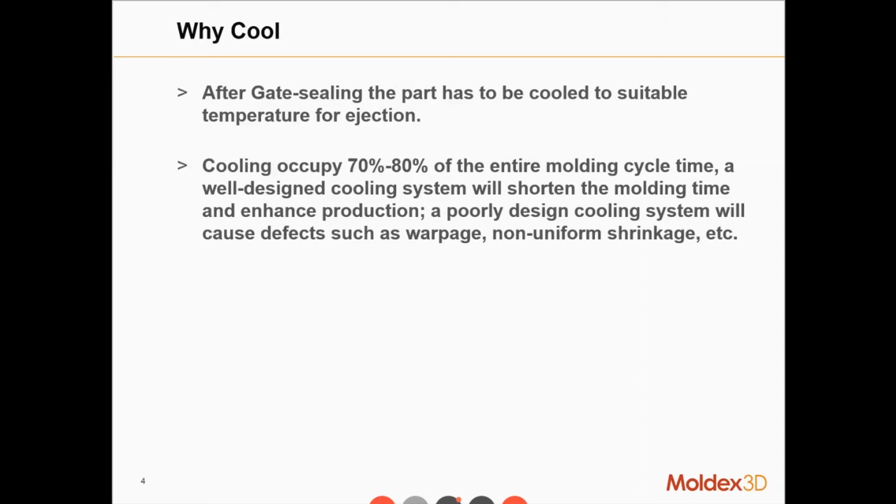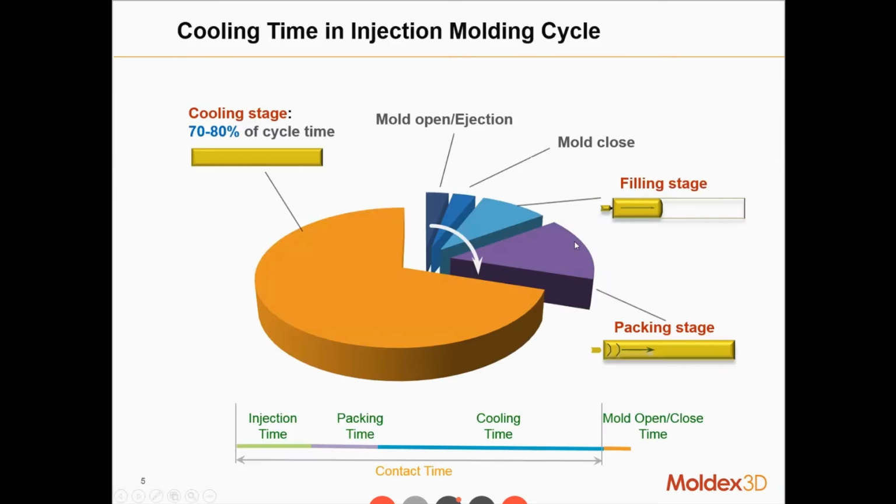So a well-designed cooling system will shorten the molding cycle time and enhance production. On the other hand, a poorly designed cooling system will lead to multiple defects and also produce a very lengthened cooling time.